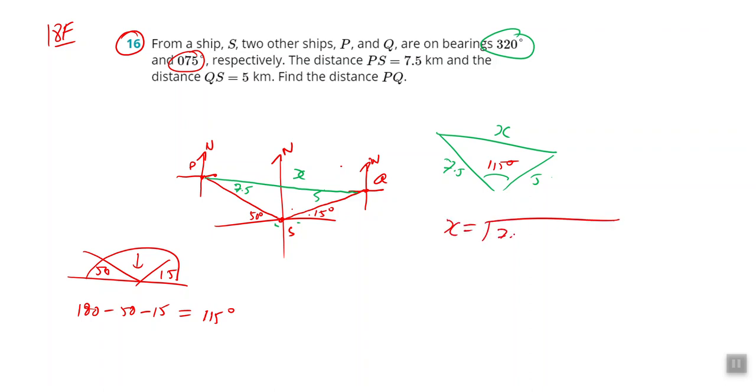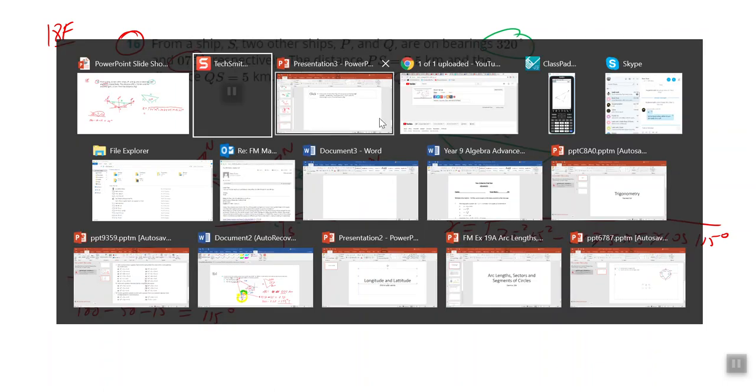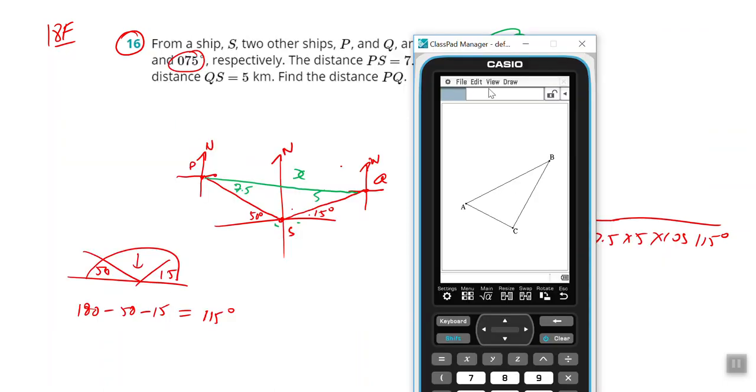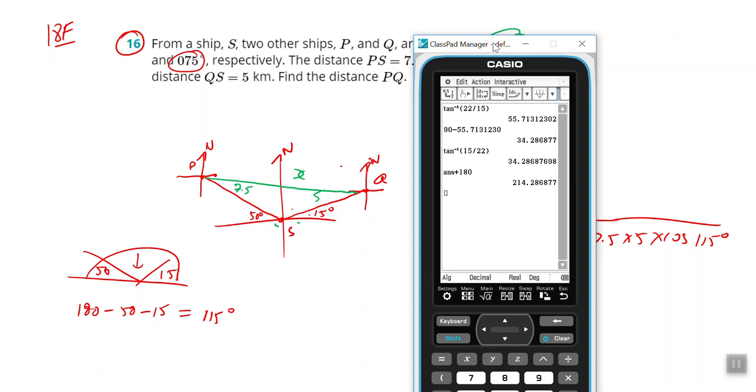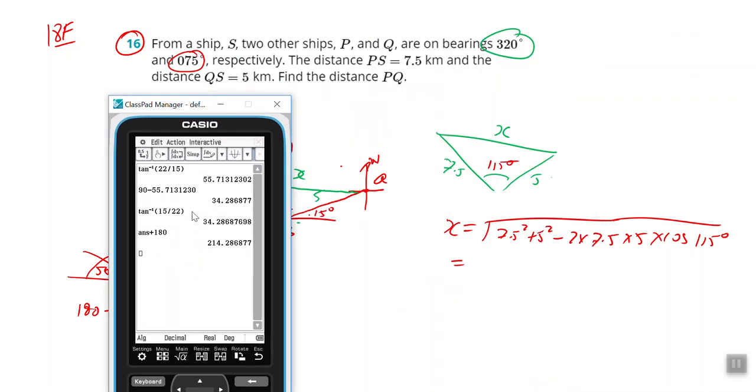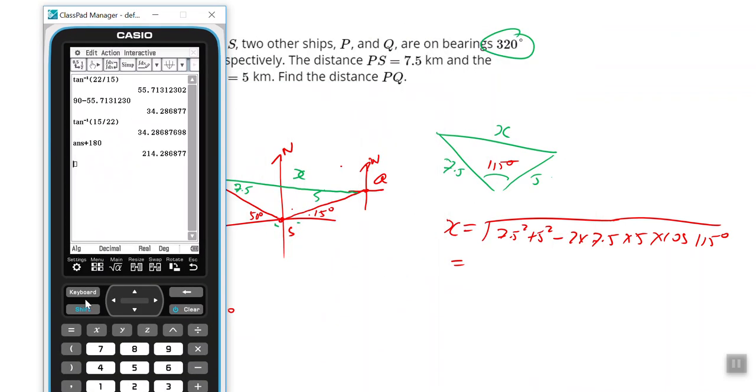So it's 7.5 squared plus 5 squared minus 2 times 7.5 times 5 times cos of the angle between, which is 115 degrees. I'm going to enter my CAS calculator. You can use the geometry tool if it doesn't say show that, because that's a cheat way.